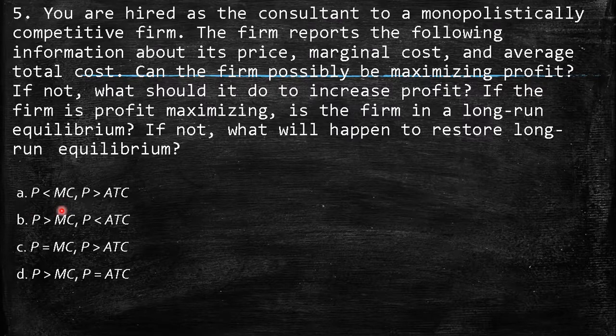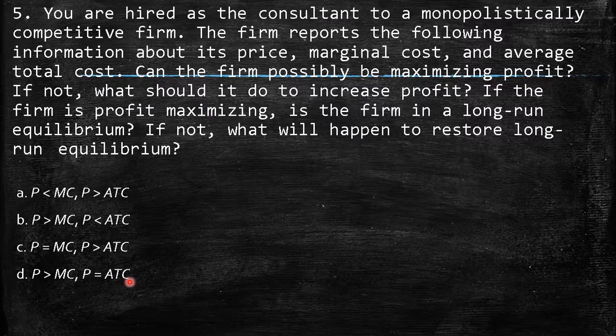So definitely the price shouldn't be lower than marginal cost, because they would be losing money. But price higher than marginal cost, that's right. This is the condition of the monopolistically competitive firm. Price equal to marginal cost is more the condition of the perfectly competitive firm. So we're talking about B and D as the conditions of the long run equilibrium. And then in the long run, remember the price is exactly equal to average total cost.